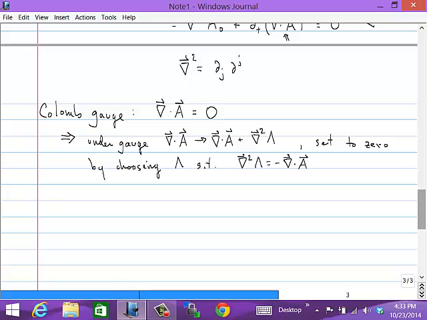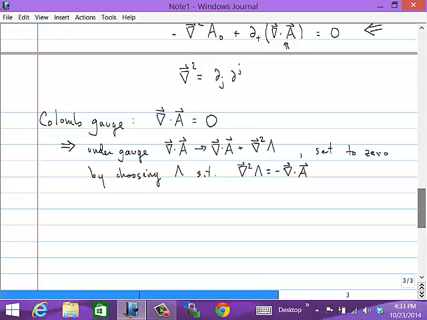Good. Okay. So what we've done is we've chosen Coulomb gauge so that del dot A is equal to 0, but we still have some residual gauge symmetry. Okay.